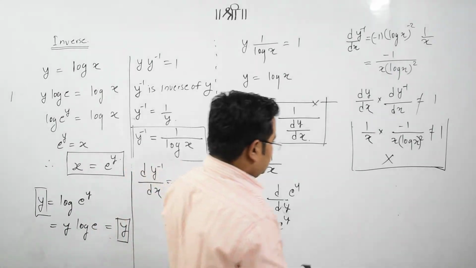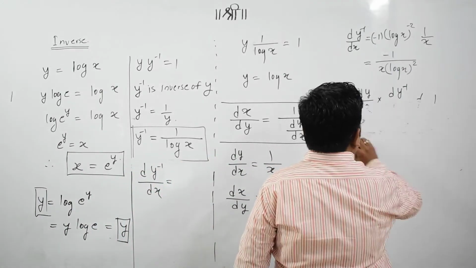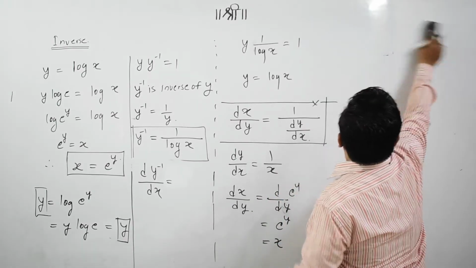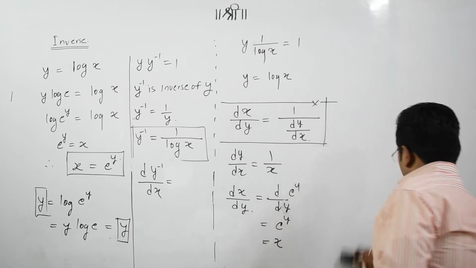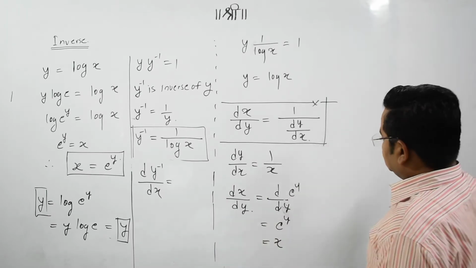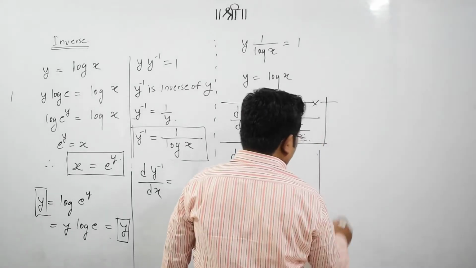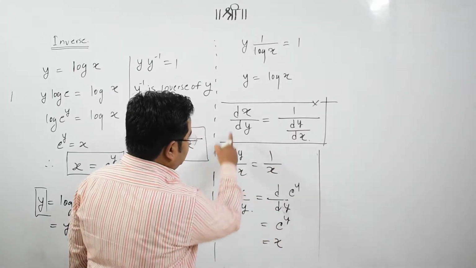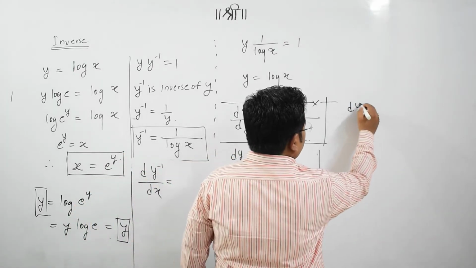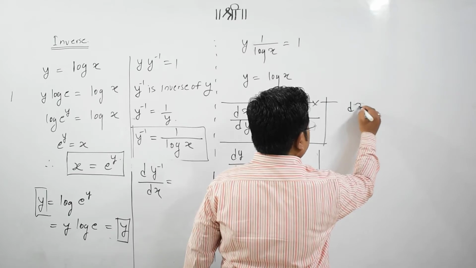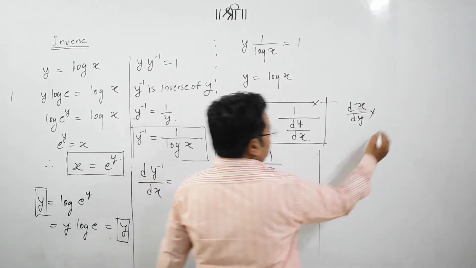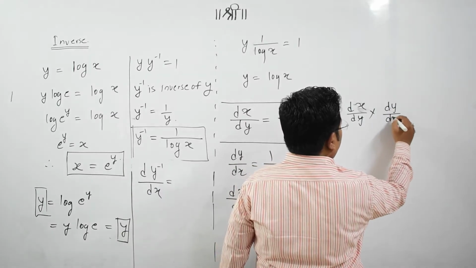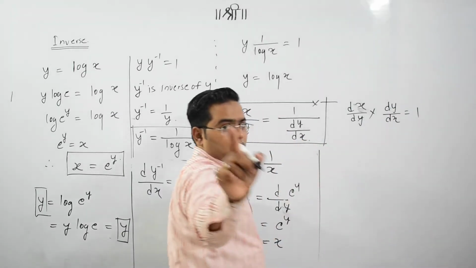If I substitute within this equation, dx upon dy multiplies into dy upon dx, and it should be equal to 1.